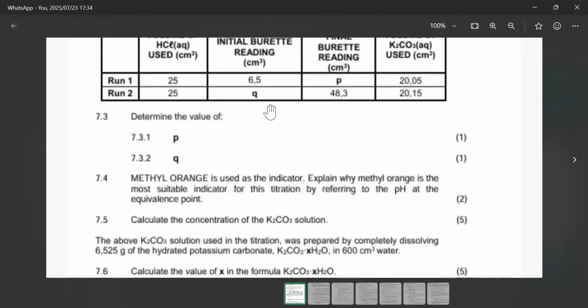So we have told them the value of P as well as the value of Q. Next, they say to us, methyl orange is used as the indicator. Explain why methyl orange is the most suitable indicator for this titration by referring to the pH at the equivalence point. So, do you have any idea on this one, Hlekani?